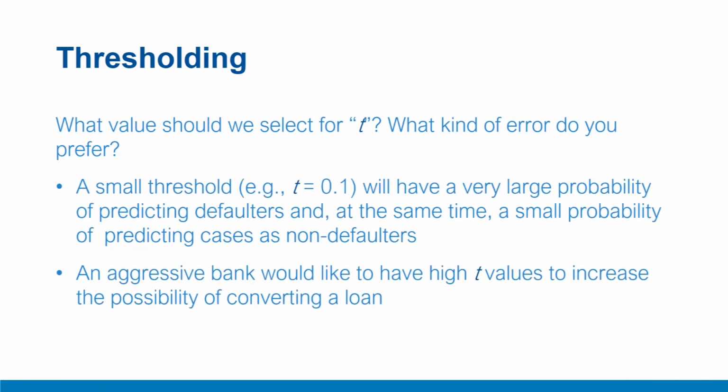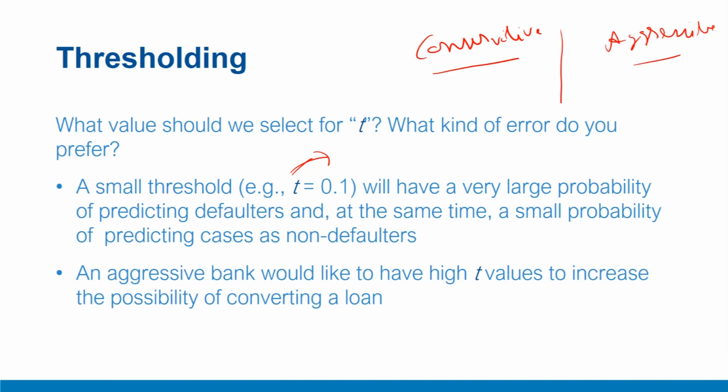Now let us try to answer the question, which kind of bank would select what kind of value, or how this value would be selected. So let's take two examples. One, a very conservative bank that wants to give loans only to very creditworthy borrowers, and a very aggressive bank which wants some kind of expansion, to make some new relationships, and therefore wants to loan out in large volumes.